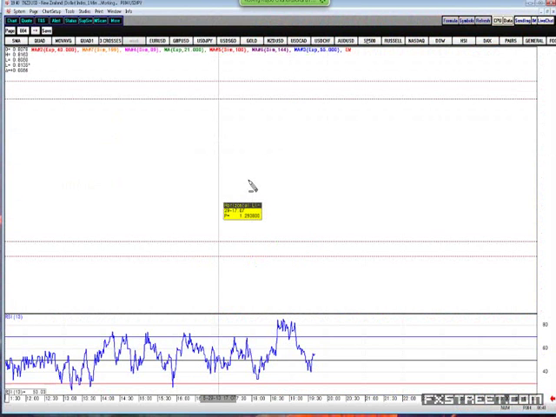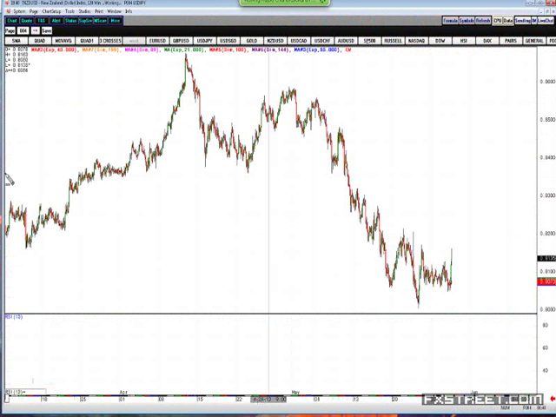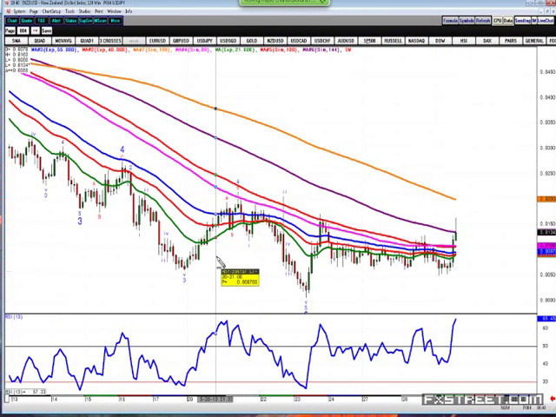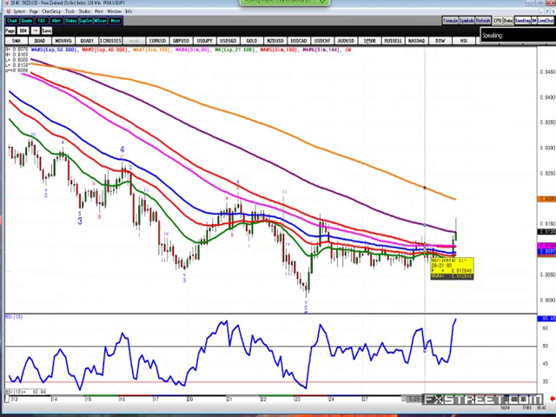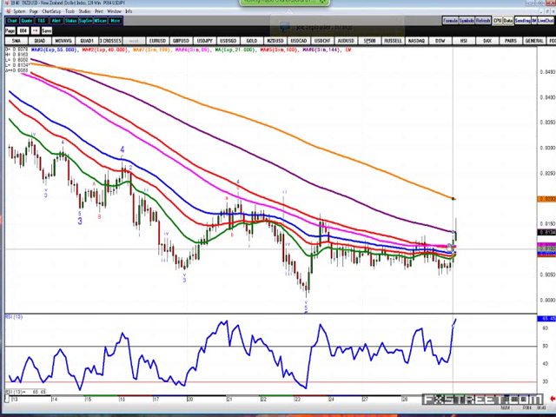Now you tell me, has it broken out from the range or is it still in a range? On the hourly, it is still within this range, this high and this low, right?